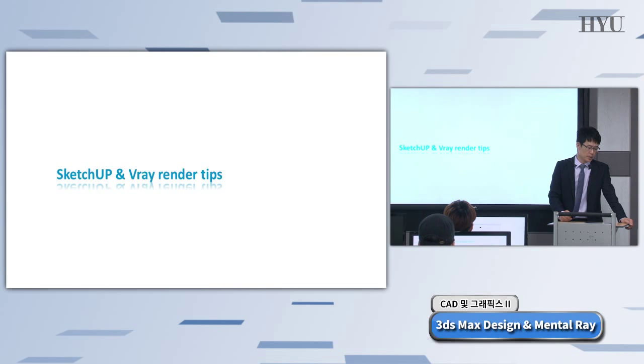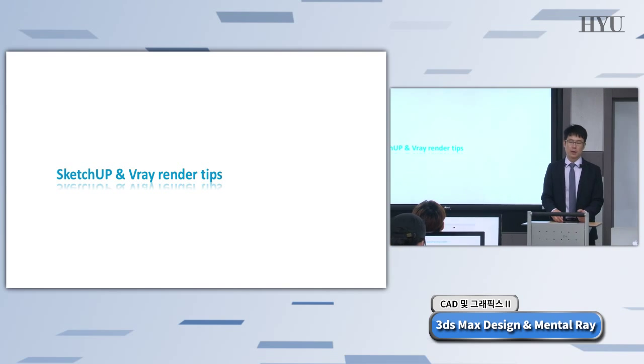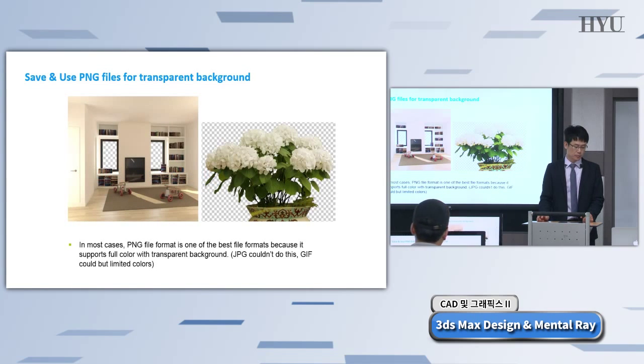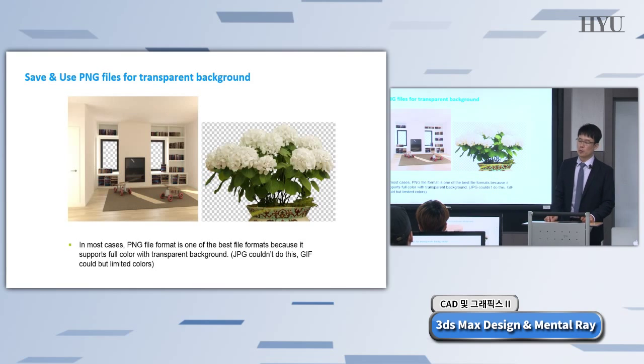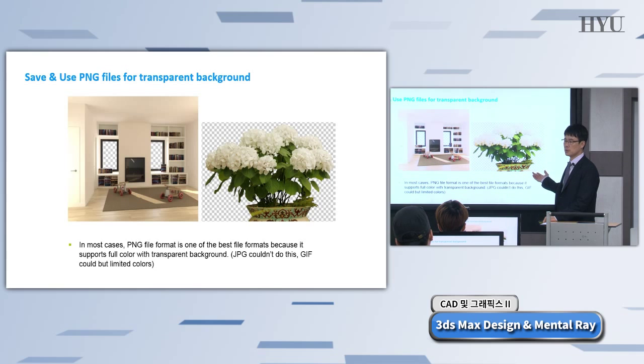Anyway, some SketchUp and V-Ray render tips are also placed in this slide, regarding what we have experienced in V-Ray and SketchUp. For better texture maps, the best option for a texture map image is actually a PNG file. JPG is the most common file format among 2D bitmap image formats.